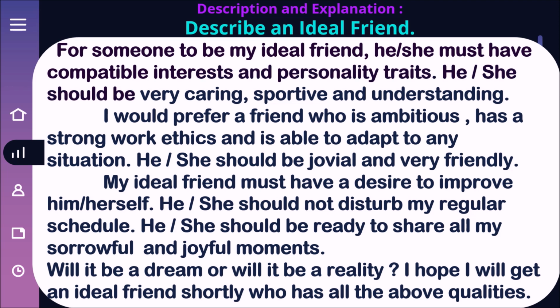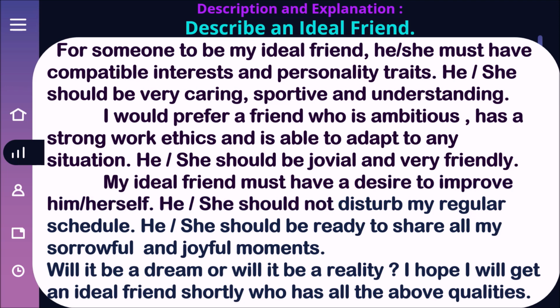She should be very caring, sportive, and understanding. I would prefer a friend who is ambitious, has a strong work ethic, and is able to adapt to any situation. She should be jovial and very friendly. My ideal friend must have a desire to improve herself.